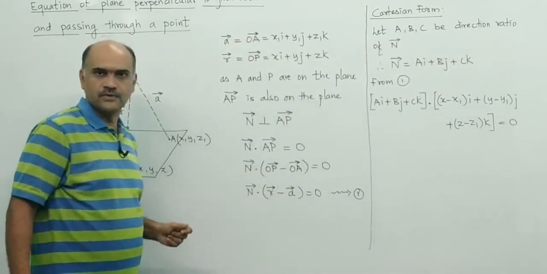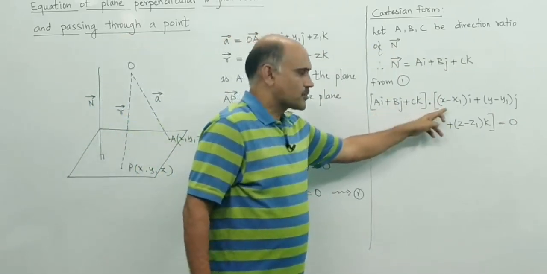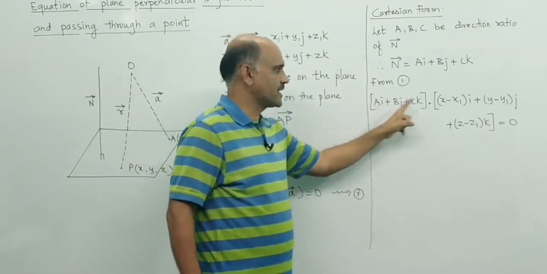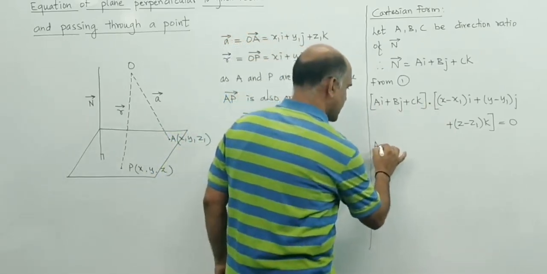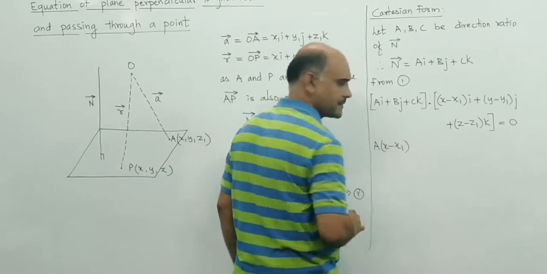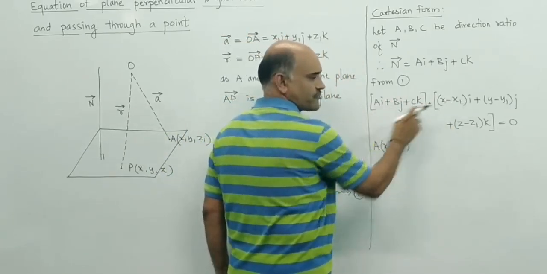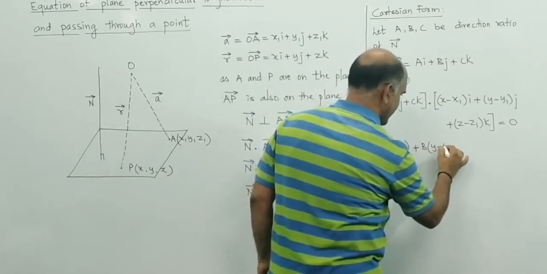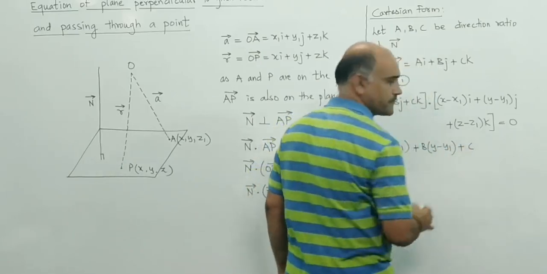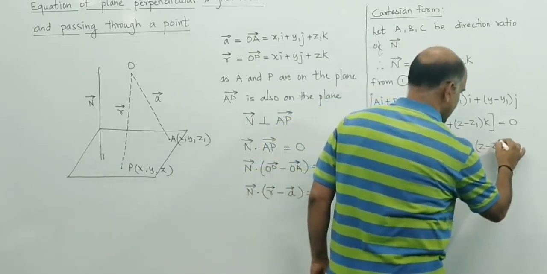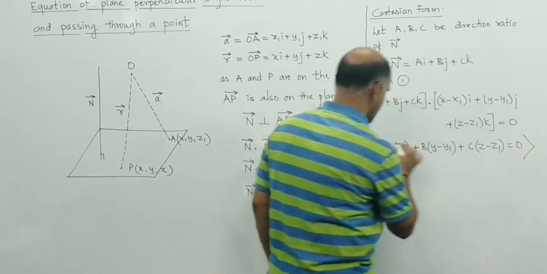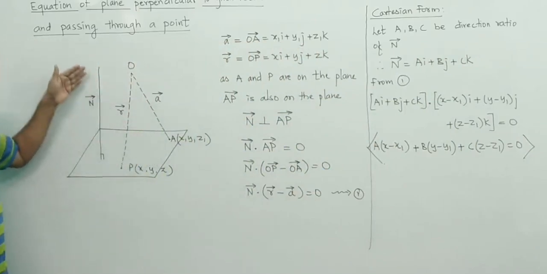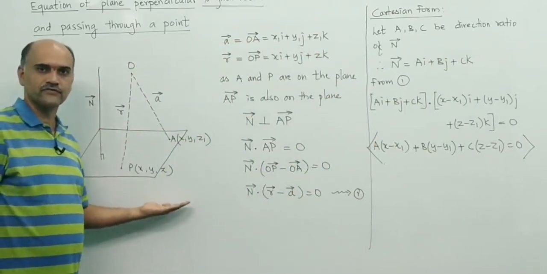Now take the dot product between these two, you will have the Cartesian form. Multiplying the coefficients of i, j, k: a(x minus x1) plus b(y minus y1) plus c(z minus z1) is equal to 0. So this is our Cartesian form of the plane passing through a point and perpendicular to a given vector.